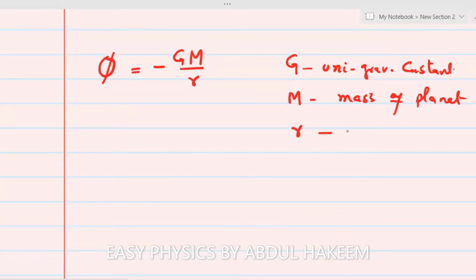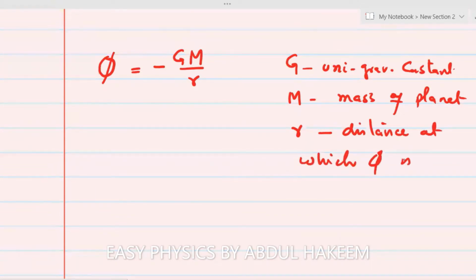And r is the distance at which phi, gravitational potential, is required, from the center of the planet.